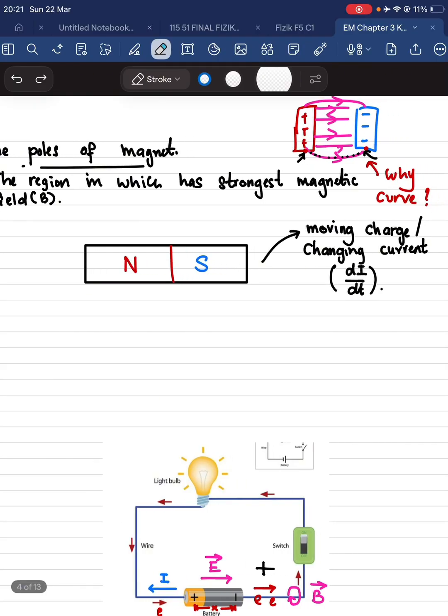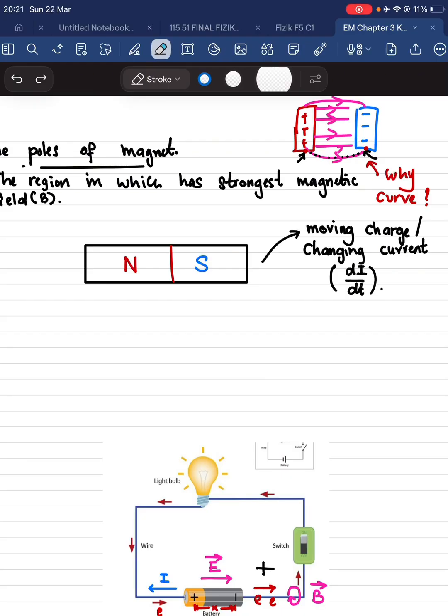And so why does a magnet become a magnet? It's due to electrons, right? So electrons are moving charge, okay, and when there is a moving electron, there will be a changing current, right? di over dt. So for electricity to happen, we need to have changing charge, which means the charge moving.